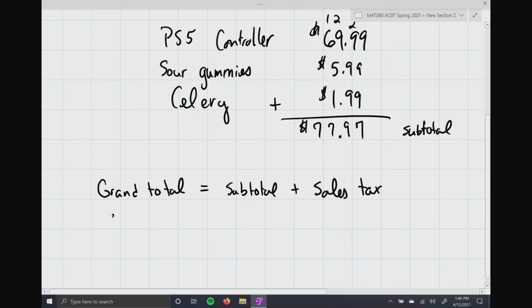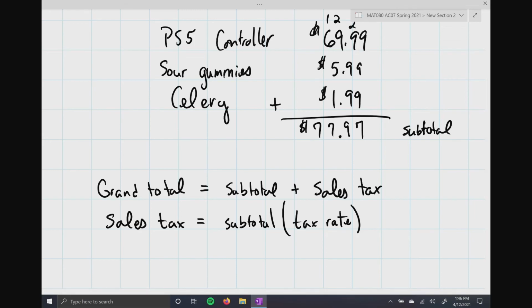And your sales tax is going to equal your subtotal times the tax rate. All right? So in order for us to find a grand total, we actually have to use the sales tax formula first.